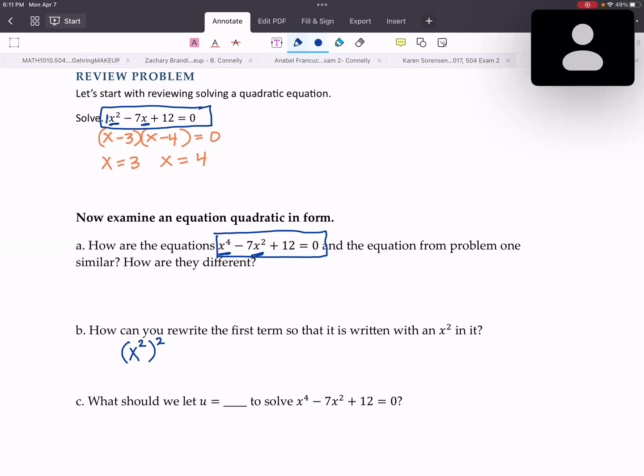Then if I rewrite the rest of it, I'd have -7, and I'm going to keep that x squared in parentheses there, plus 12 equals 0. Remember, when we have a power raised to a power like this, x squared squared is really x to the fourth, which is what we're looking at there.